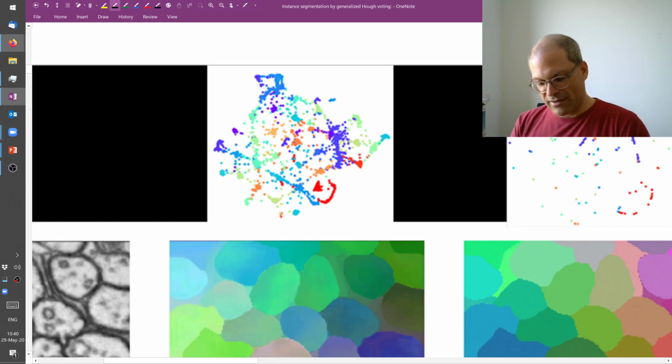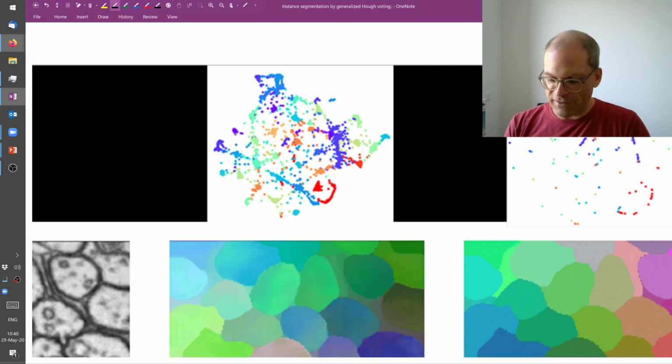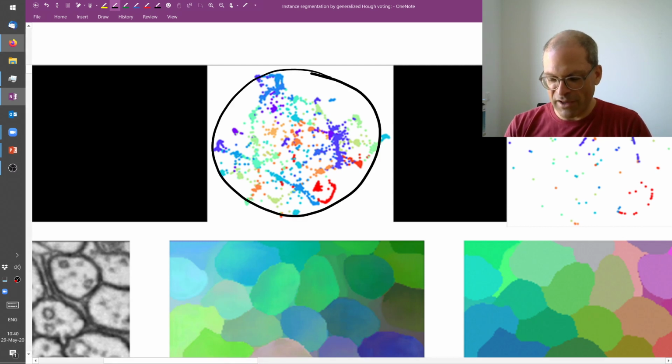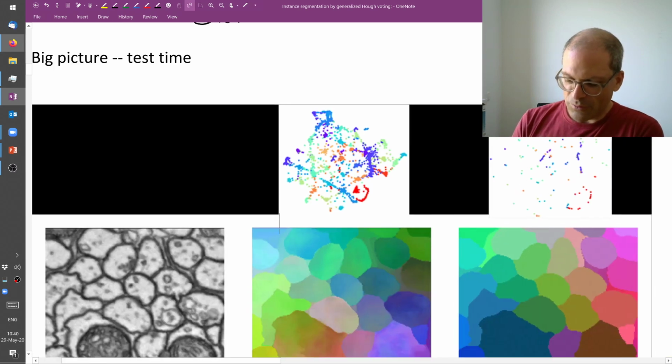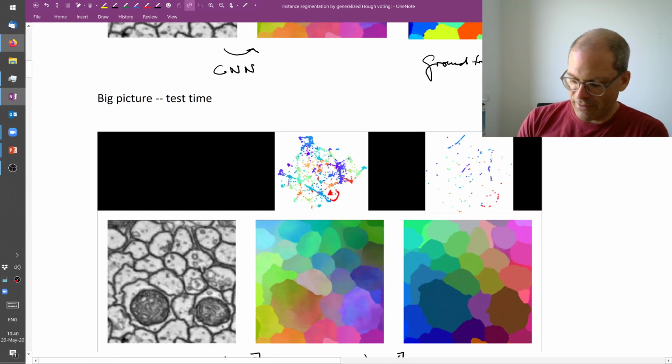Actually, there are not many, because on the left, this image is maybe 250,000 pixels. So then we have 250,000 points here, and most of them we don't see. So most pixels are actually nicely clustered, but not all. And this is why we need an additional clustering step to make things crisper.